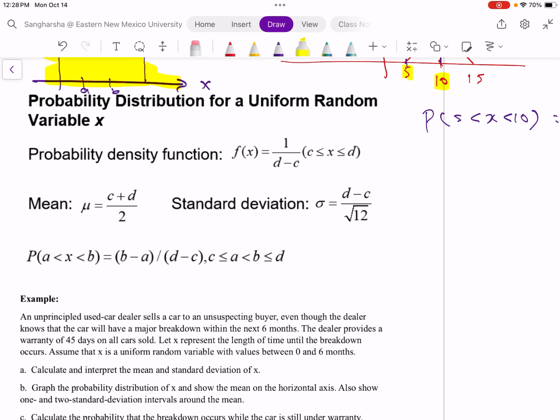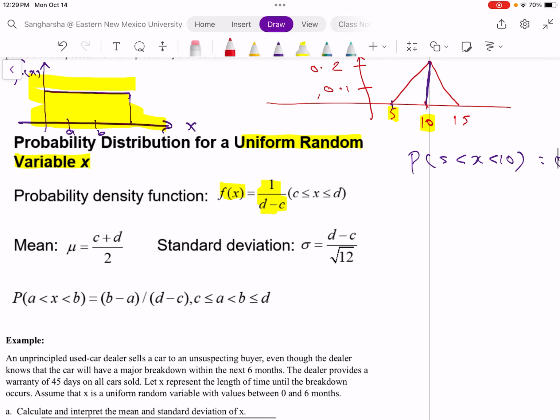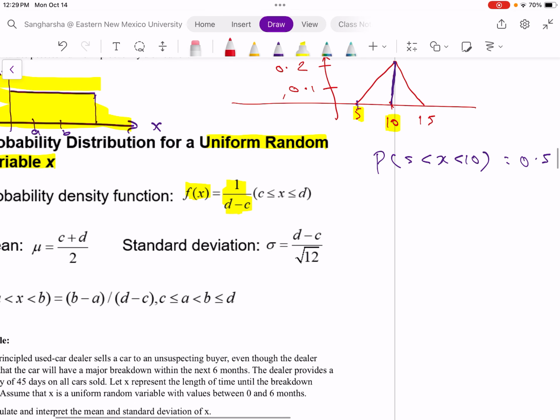So if we have a uniform random variable, the probability function f of x is 1 over d minus c. For example, let me draw a new graph, a new uniform random distribution, so that we will know what c and d are. Let's say we have this x, this is f of x, and we have this rectangle.